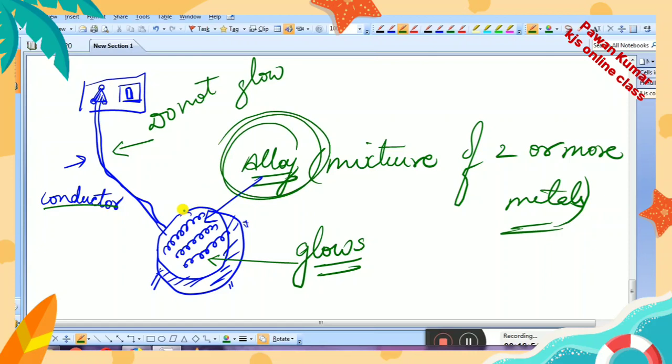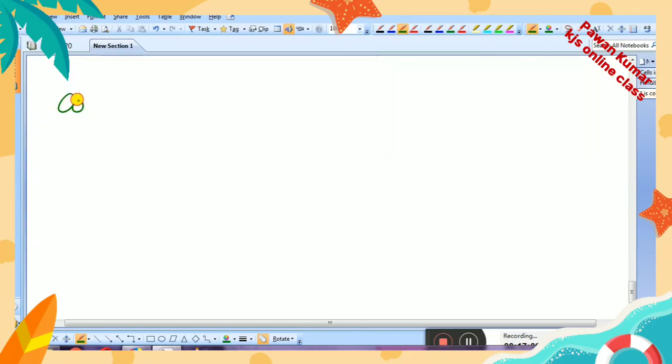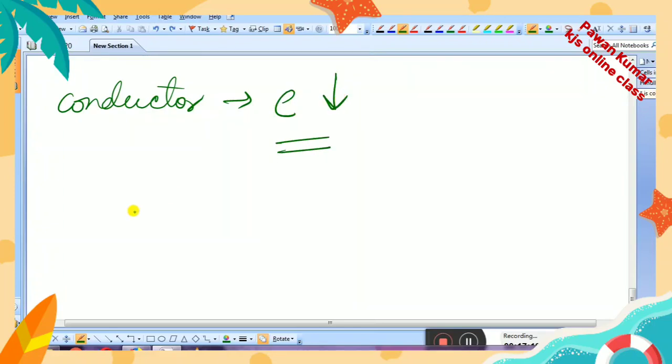So the answer is this only. This heating coil is made up of alloy, and this cord is made up of conductor. Now what is the main reason behind this? Listen here. Conductors have low resistivity, while alloys have more resistivity.